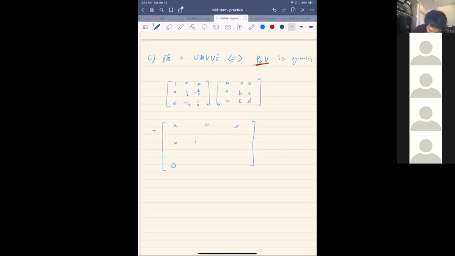And this is B, 1 over 2, B minus C, 1 over 2, C minus D, 1 over 2, D minus C, and the next one will be 1 over 2, C minus D. No, this B minus C. No, this C minus D. Oh no, C minus B. Okay.